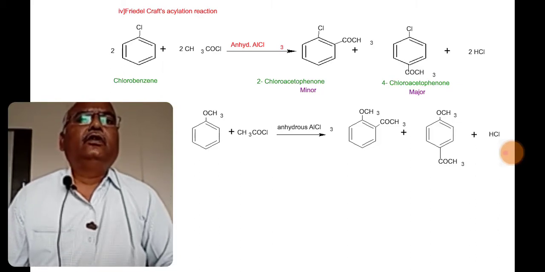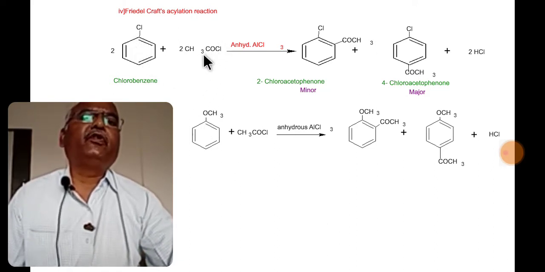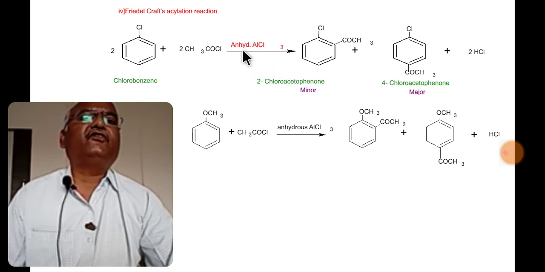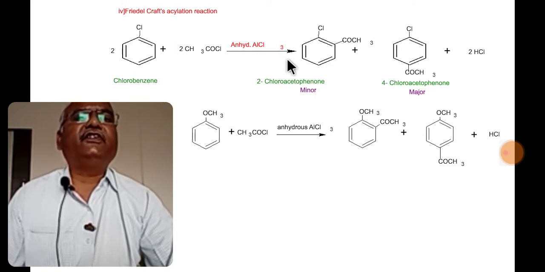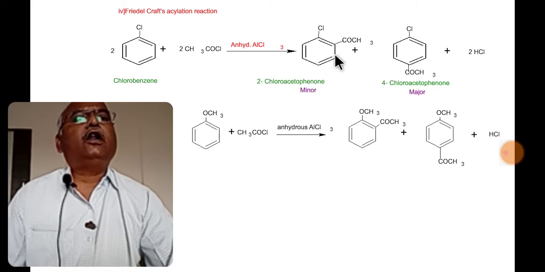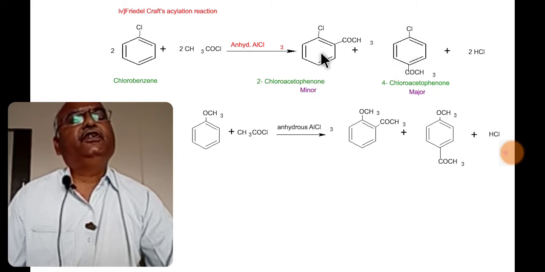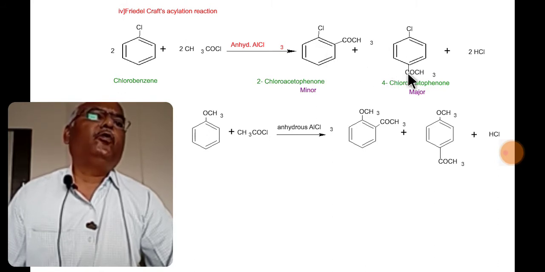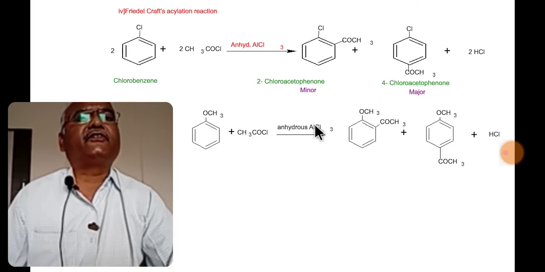Next reaction, Friedel-Crafts acylation reaction. Chlorobenzene is treated with acetyl chloride in presence of anhydrous aluminum chloride. It undergoes acetylation reaction. Ortho and para products are produced. Here 2-chloroacetophenone and 4-chloroacetophenone are the products.